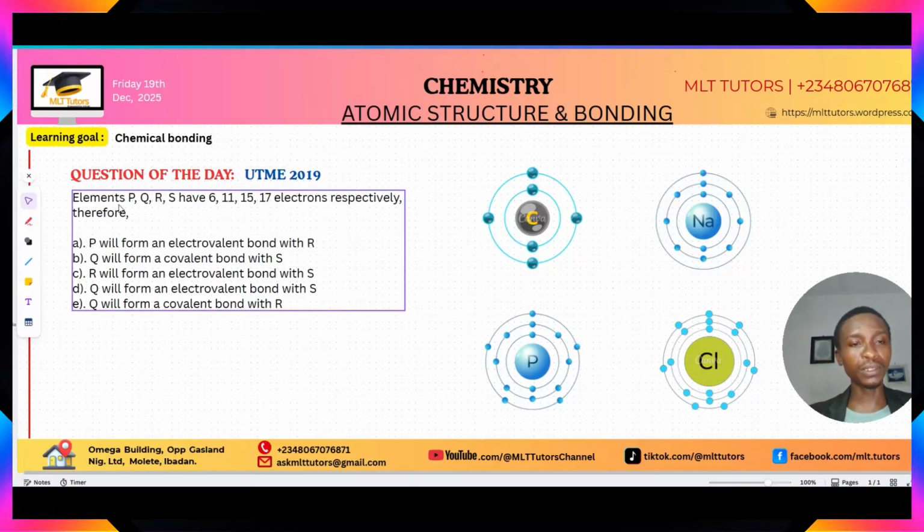The question reads: elements P, Q, R, S have 6, 11, 15, 17 electrons respectively.